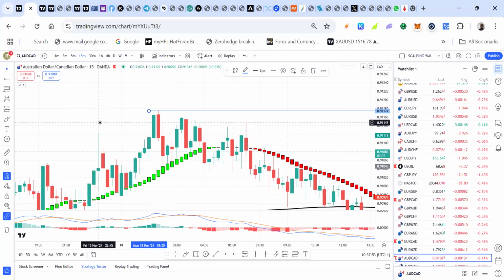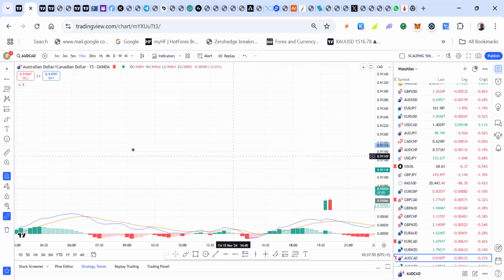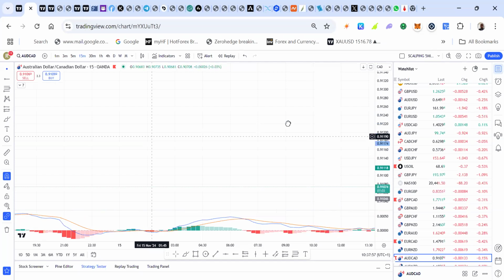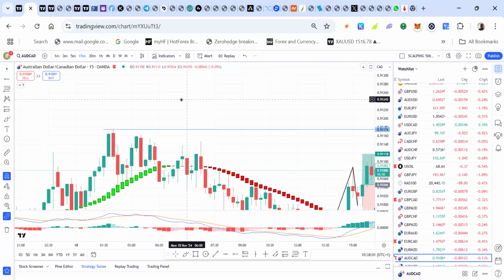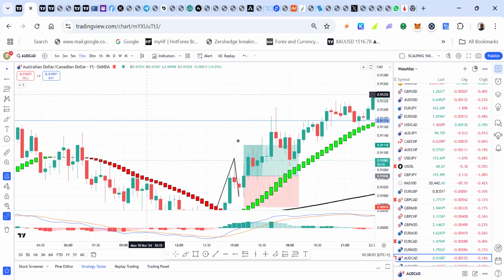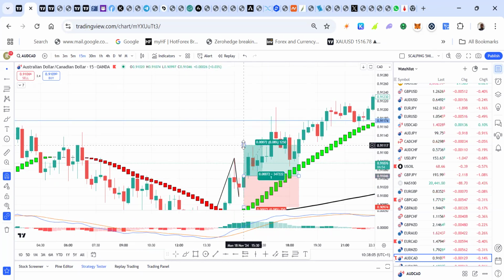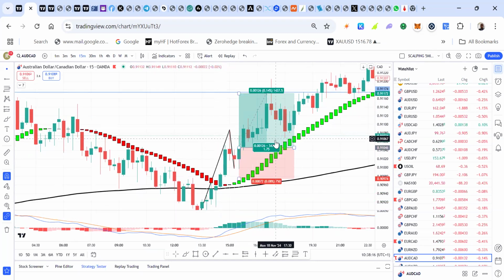Except if I'm entering a position, I want to go further back, and when I'm looking at this now, that is too far. So I don't want to go too far. I want to use this as my target. So this is my target. This is actually a 1:1.75 risk to reward ratio.